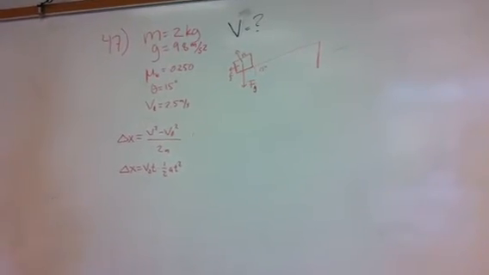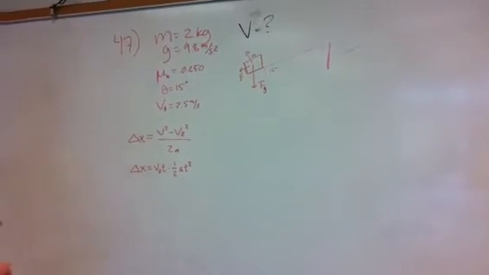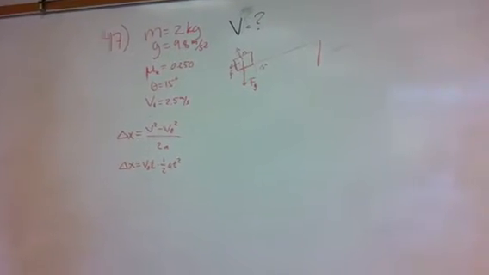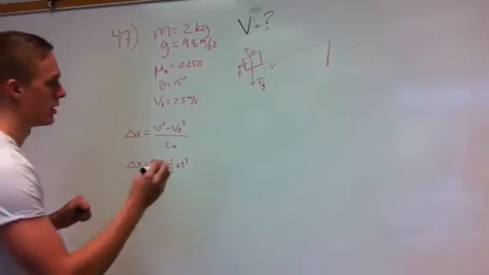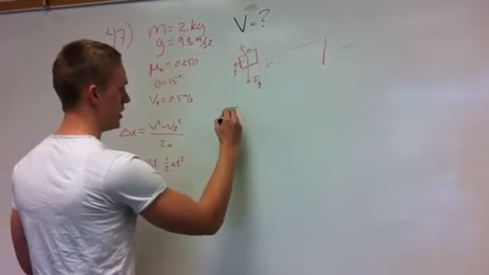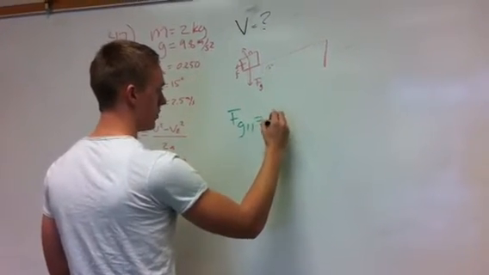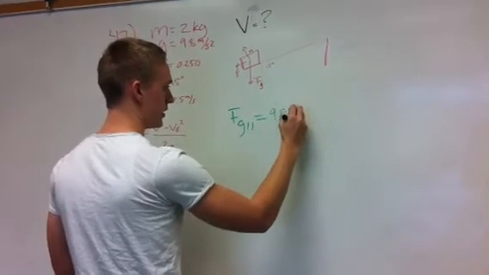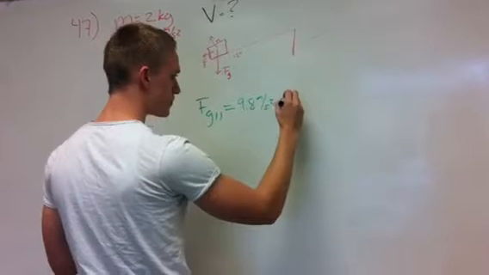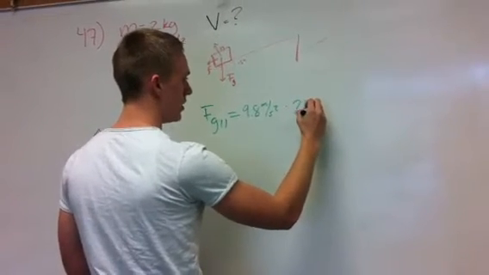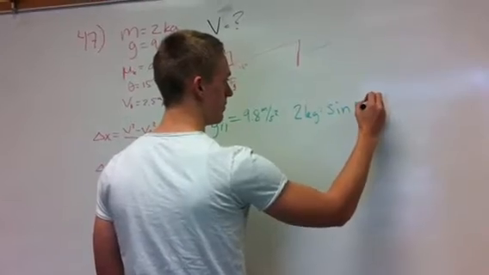The way I do this is I find the sum of the forces in the parallel direction to the 15-degree inclined plane. So first, I want to find out how much Fg is in the parallel direction, which would be the 9.8 meters per second squared multiplied by the 2 kilos multiplied by sine 15.